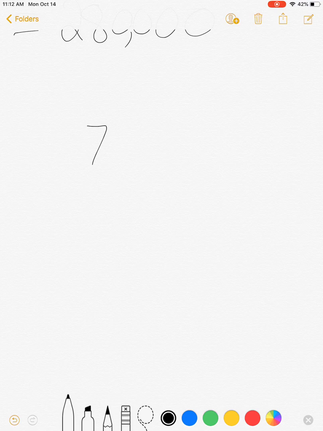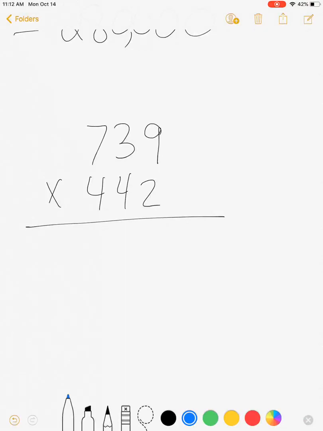So now, standard algorithm, 739 times 442. Ones place first. Whoops, that's not the tens, Mrs. Lovett, that's the ones. Okay, 2 times 9, 2 times 3, plus 1, 2 times 7. You can either erase or mark that out. Now I'm moving to the tens place.